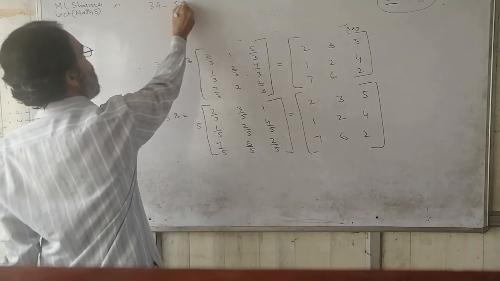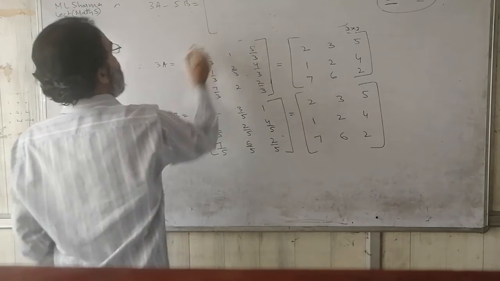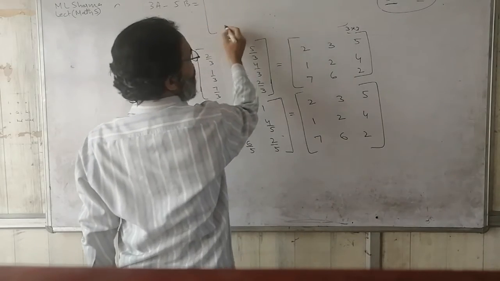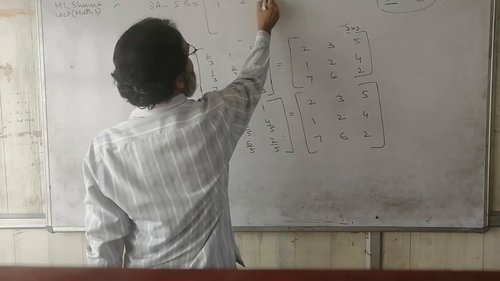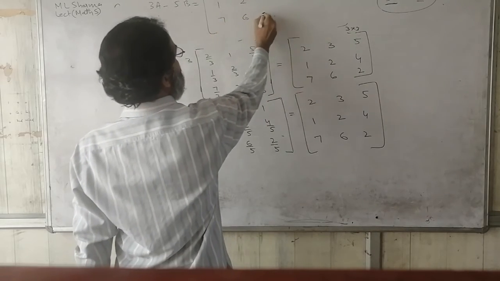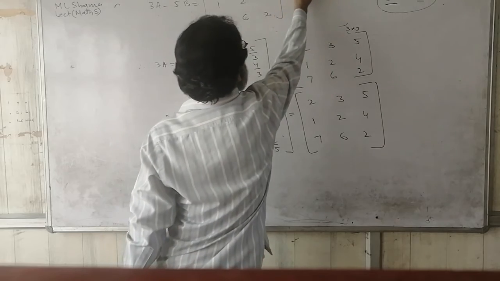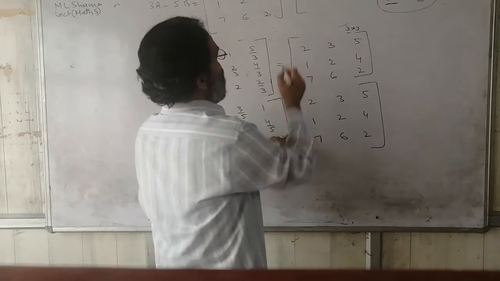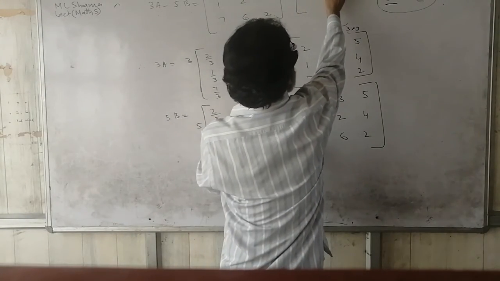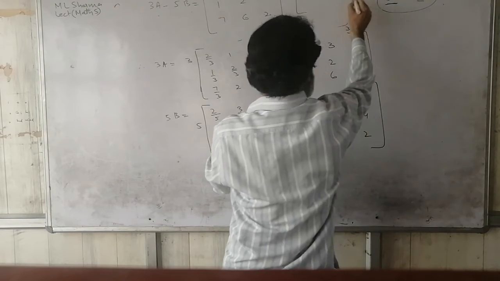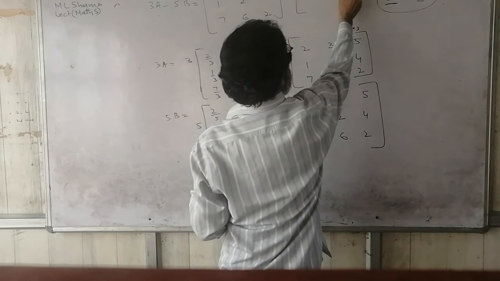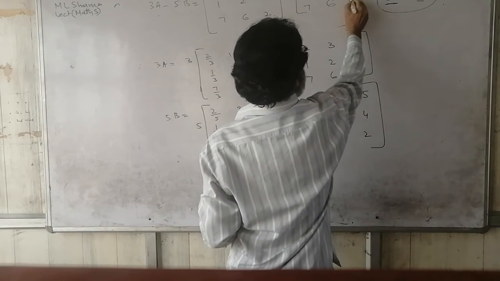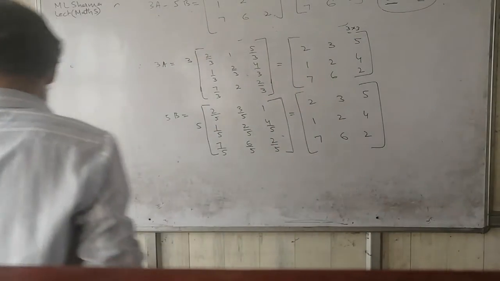So 3A minus 5B will equal the value of 3A, which I have found: 2, 3, 5, 1, 2, 4, and 7, 6, 2, minus 5B, which I have found: 2, 3, 5, then 1, 2, 4, and 7, 6, 2. So I will subtract these two.